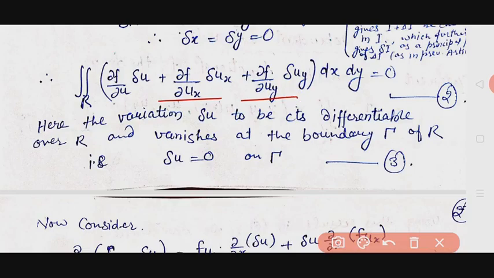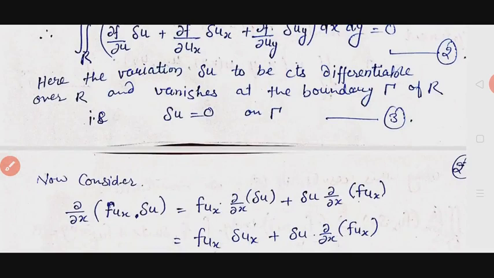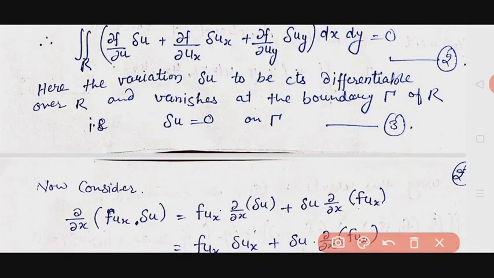ये पहली value निकालने के लिए I use the function in the form of curl by curl ux of f ux into delta u. Okay, what you have to find here is curl f by curl ux into delta of ux. So I take the partial derivative of f ux into delta u with respect to x.